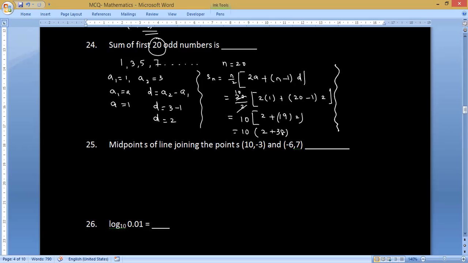Then 38 plus 2 is 40, and 40 into 10 is 400. So S20, the sum of 20 odd numbers, is 400.